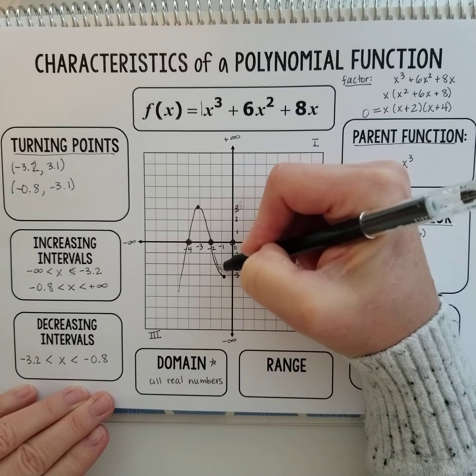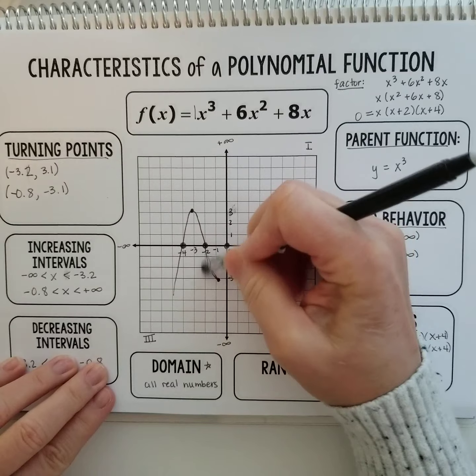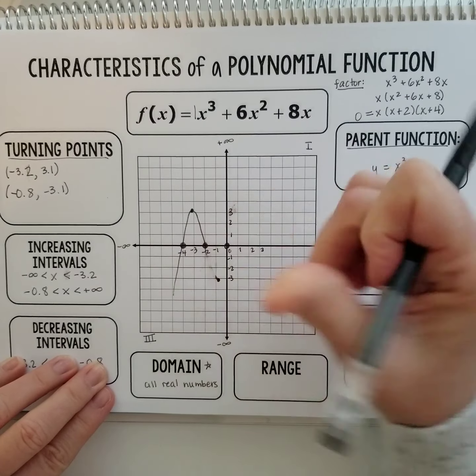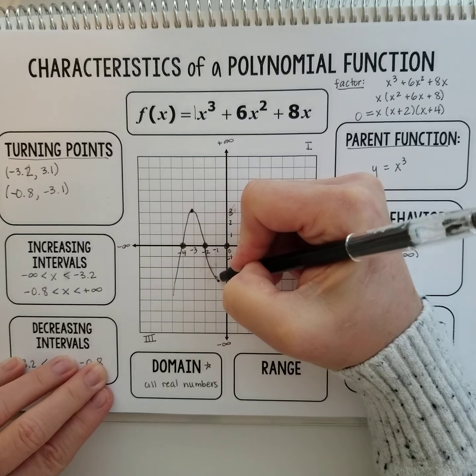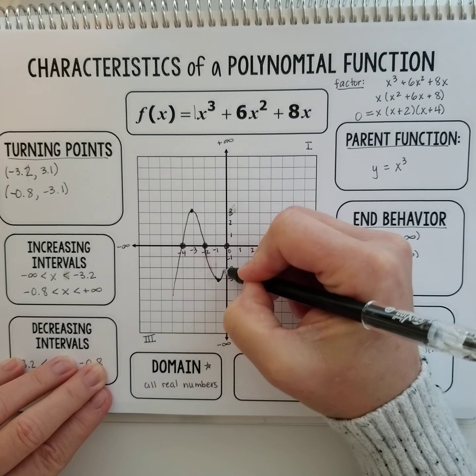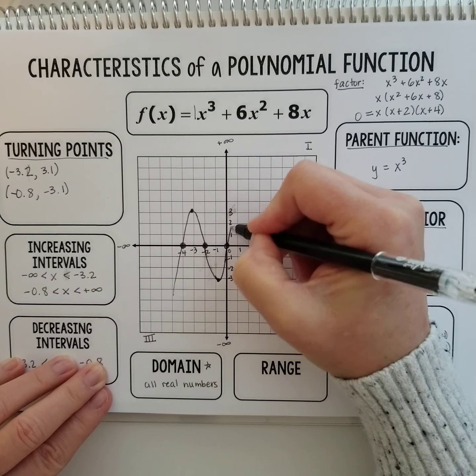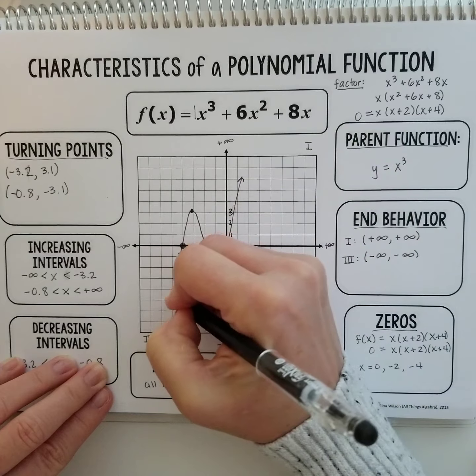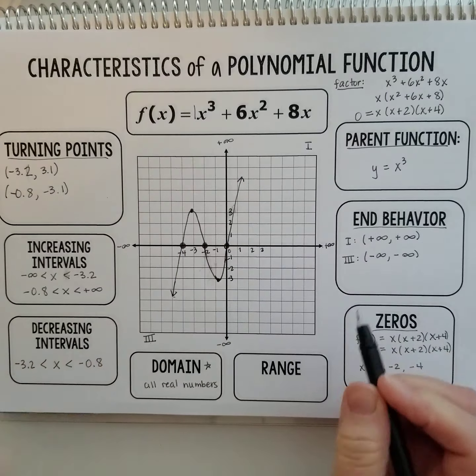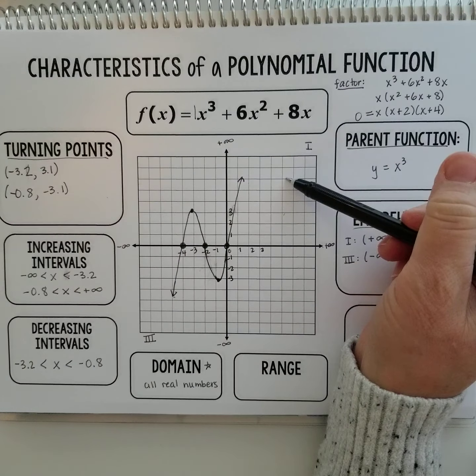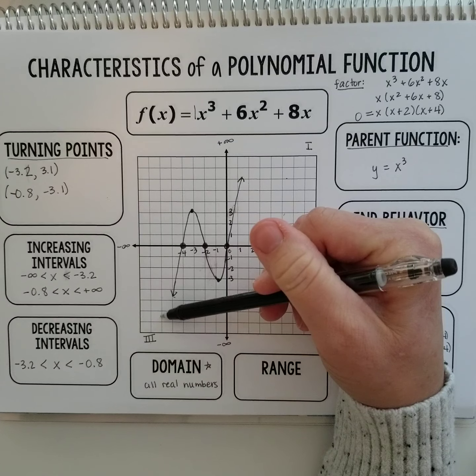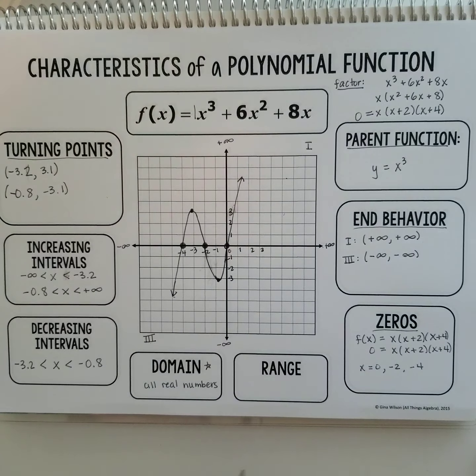So you want to come in a little before the point so that you can curve in and out of that. Don't forget your little arrow tips showing that it's going to positive infinity, negative infinity, quadrant 1 and quadrant 3.